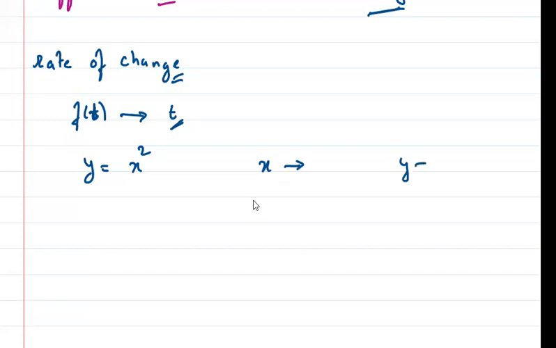Yes or no? So this x is called as independent variable, right? Because I'm putting the value. Very good. What is y? Y is dependent. Clear? Basic. Yes or no?